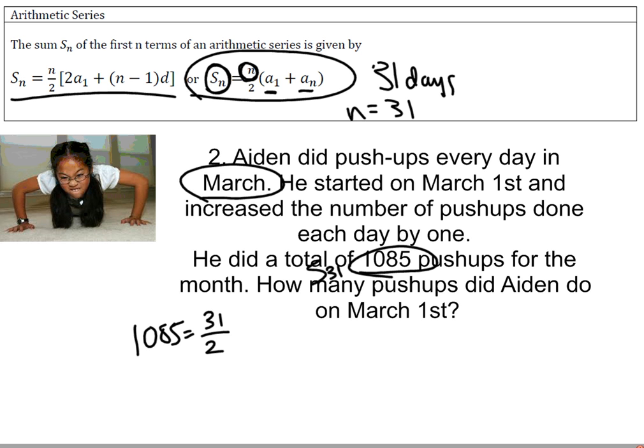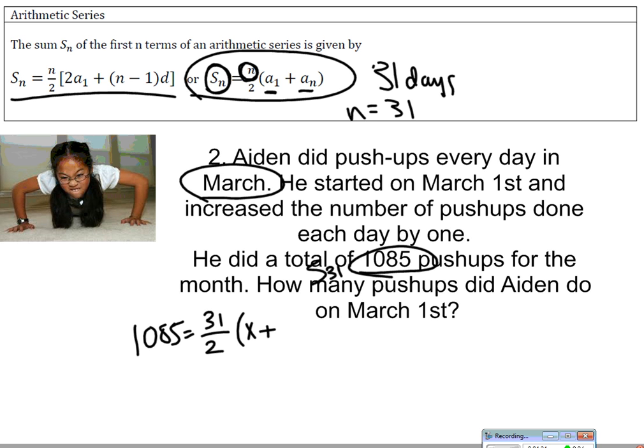Now, I don't really know my first day. That's what I'm looking for. But if I increase every day by 1, then on the first day he does x.